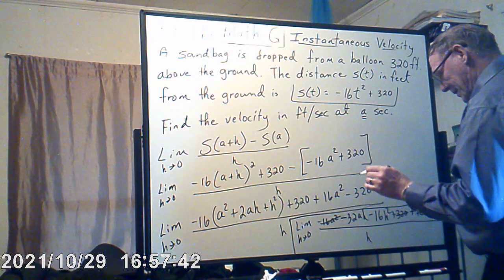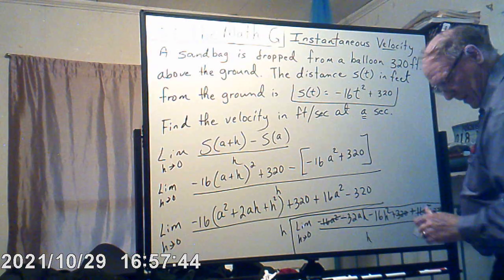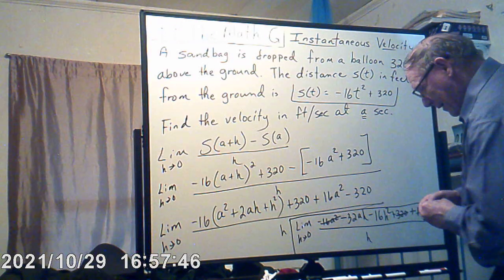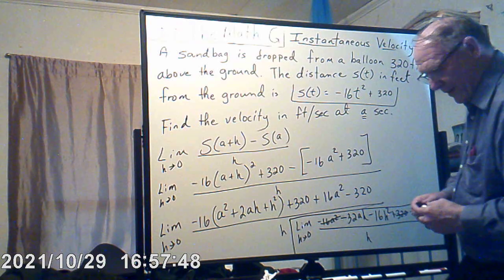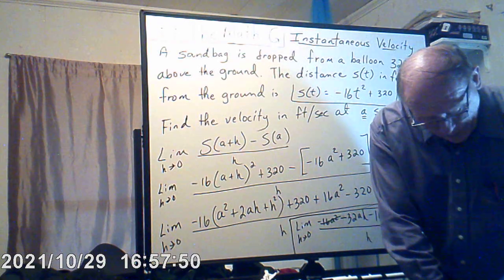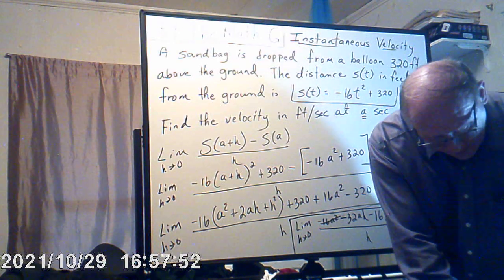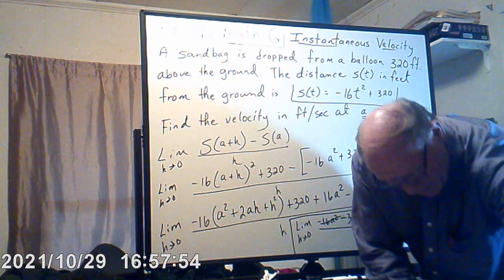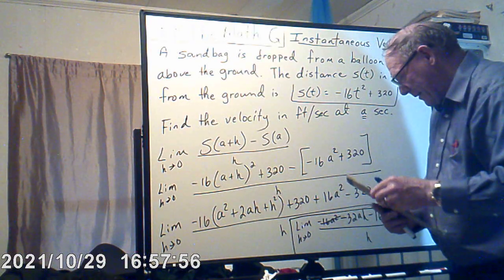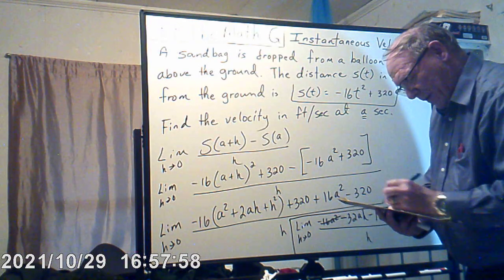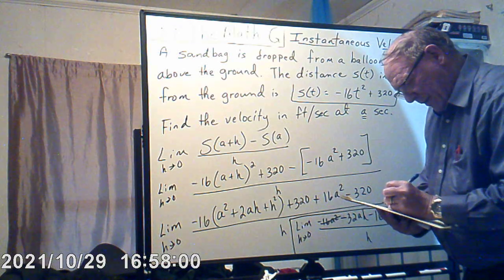Let me write it down so I'll keep in mind where we're at, and then I can flip this board over a lot easier. Excuse me for doing it this way.